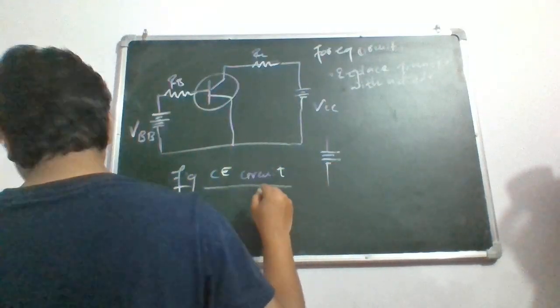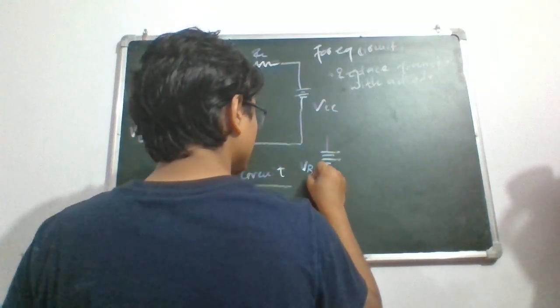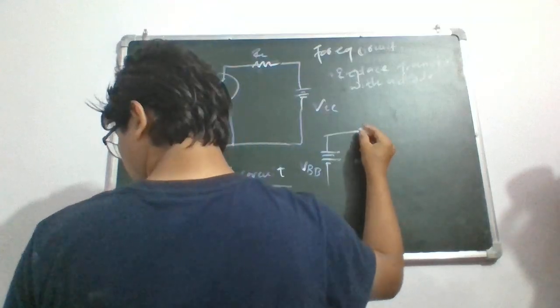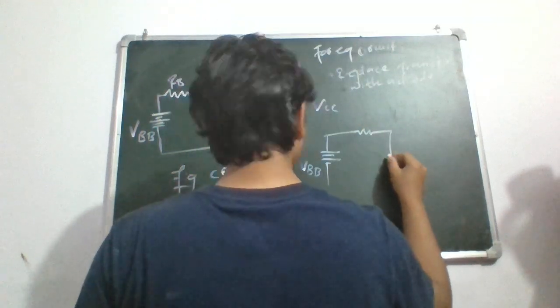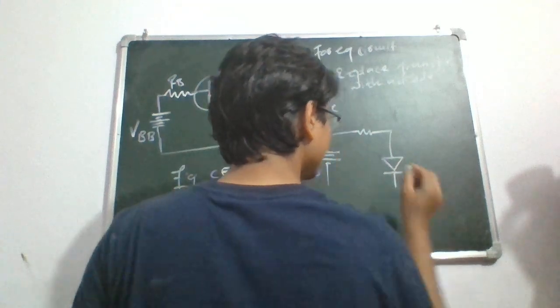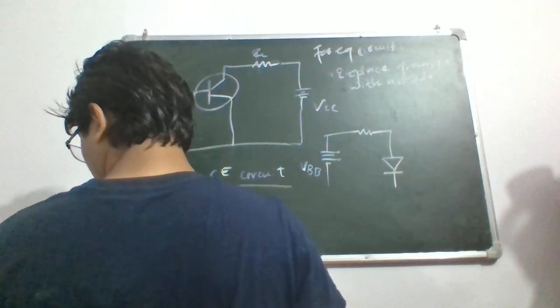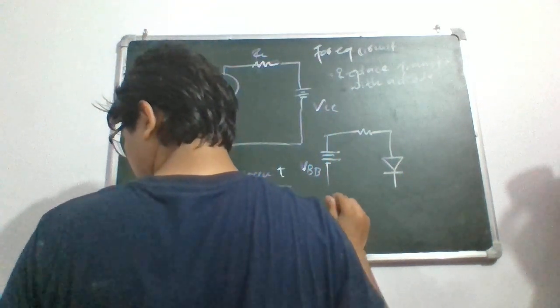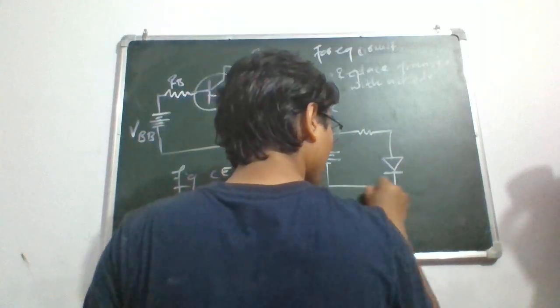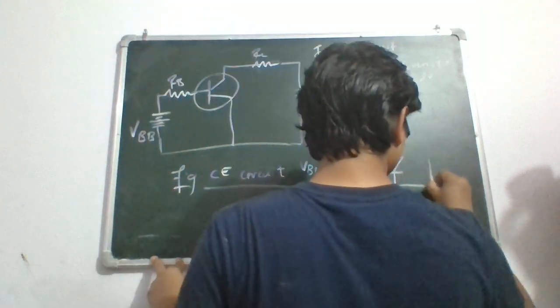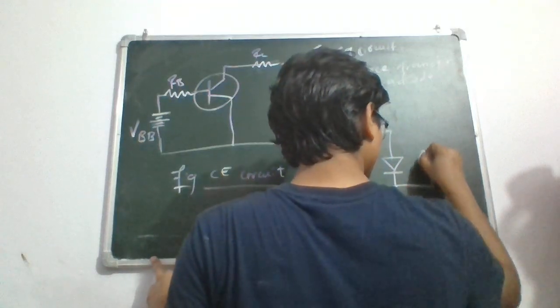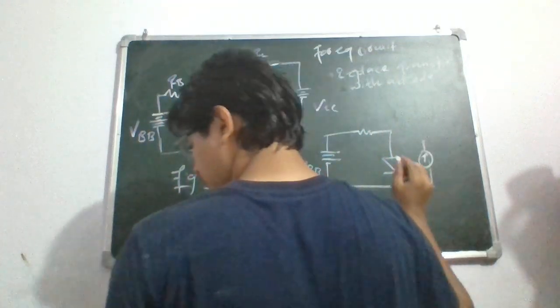This is a biasing voltage VBB, and we have some resistance, and we have a diode which is forward biased, and at this same ground terminal we use an AC input.